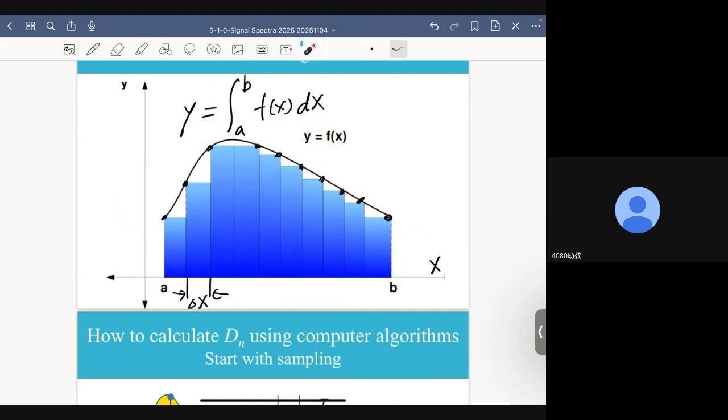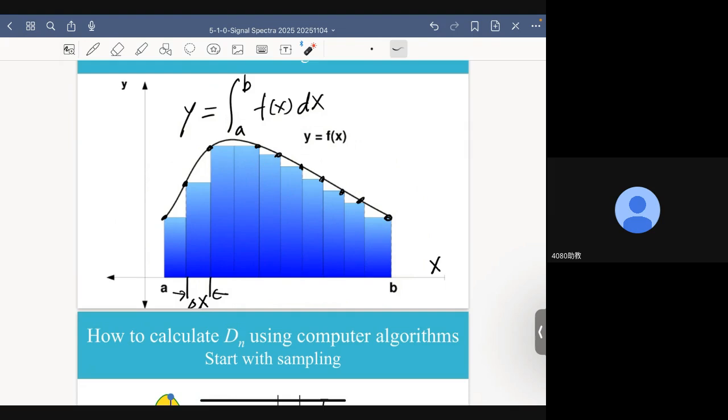Of course, as you can see, there are errors. So this numerical error is apparently inevitable, bound to happen.